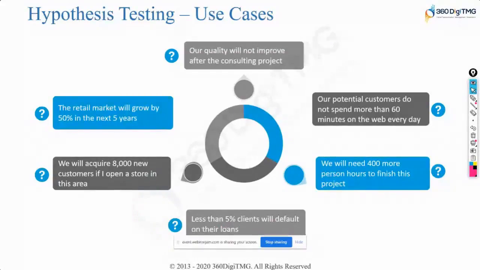Less than 5% of clients will default on their loans. Right? So a bank is going to the centralized bank. In India, we call it the Reserve Bank of India, right? So the bank goes to the Reserve Bank and says, hey, I have losses, please bail me out. So the RBI asks how many customers are defaulting.